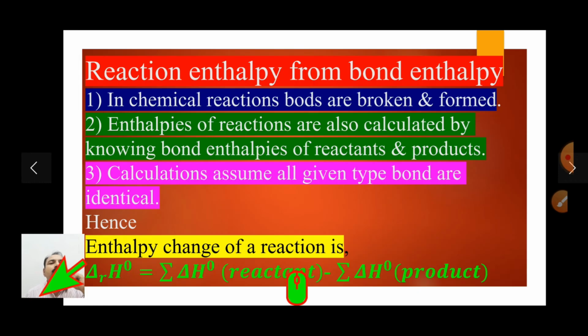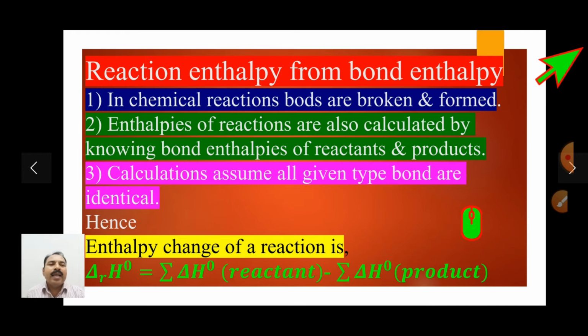Now, the next part is reaction enthalpy from bond enthalpy. The reaction enthalpy is calculated from bond enthalpies. The first point: in chemical reactions, bonds are broken and formed. Second point: enthalpies of reactions are calculated by knowing the bond enthalpies of reactants and products. Third point: the calculations assume all given types of bonds are identical.